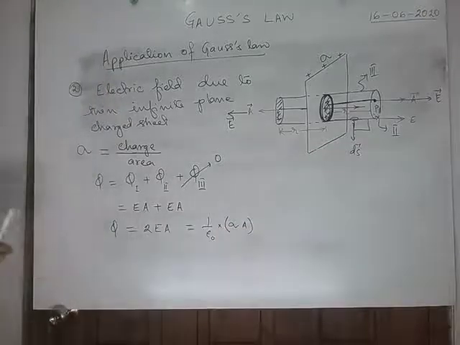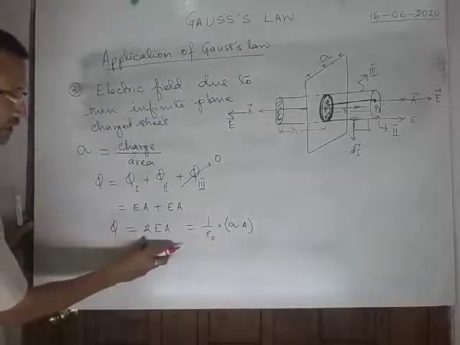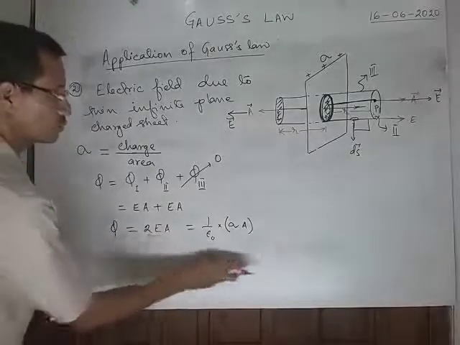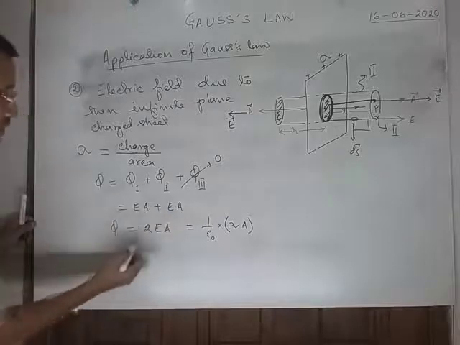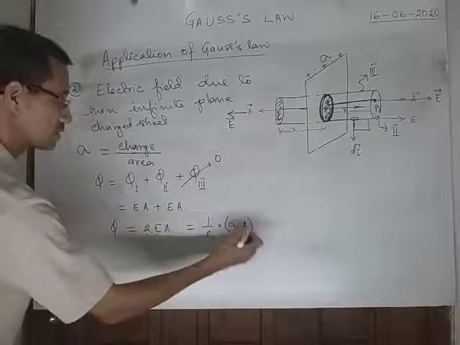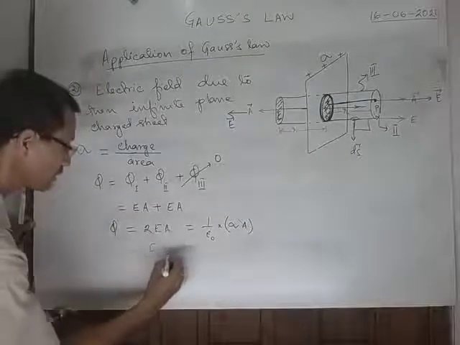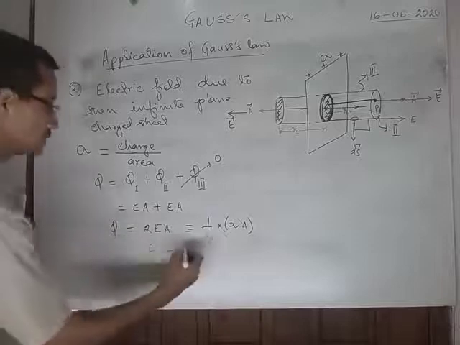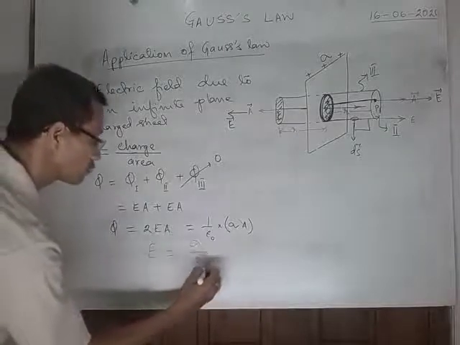So likewise, as we did in the previous case, let's concentrate on the equation relating these two, and neglect the other one. Your A can be cancelled, and what remains is your electric field E equal to sigma divided by twice epsilon naught.